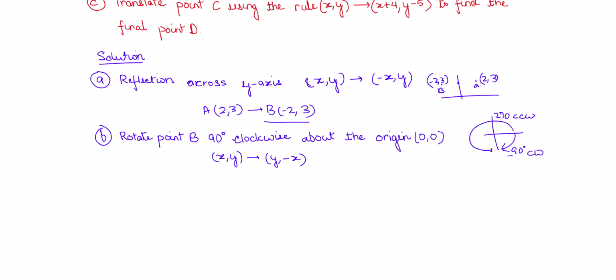So we use the formula (x, y) changes to (y, -x). The rule here is (x, y) changes to (y, -x) for 90 degrees clockwise about the origin. So B (-2, 3) changes to C (3, 2).